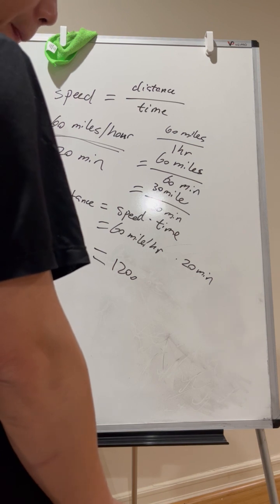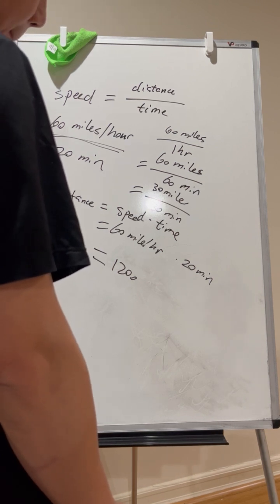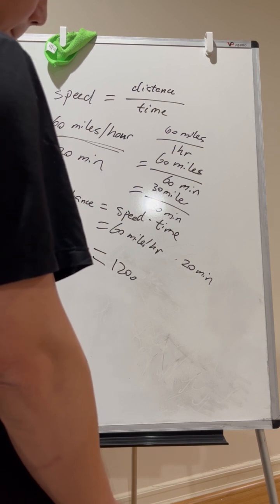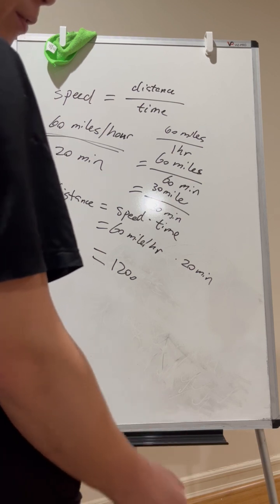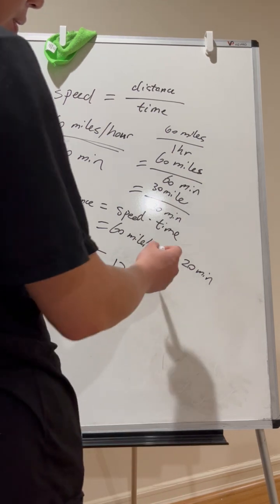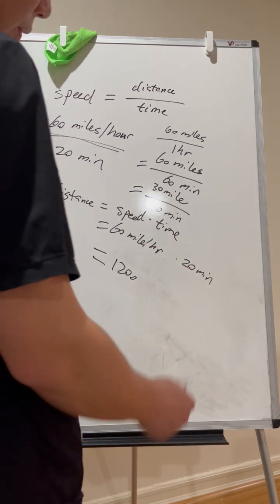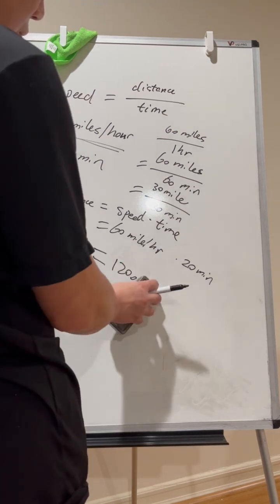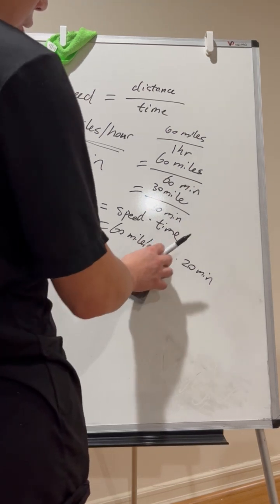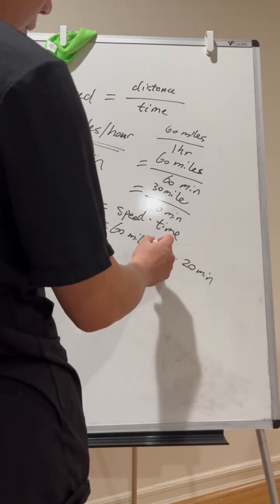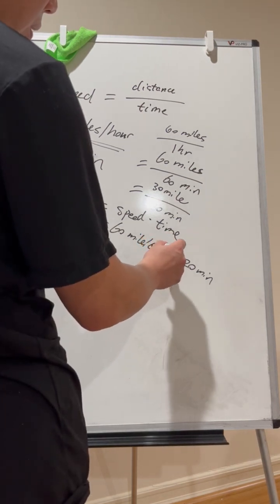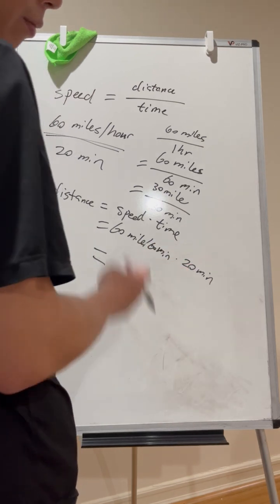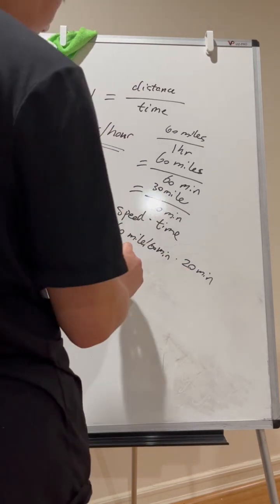You can't multiply, add, subtract, or divide numbers with different units. So you have to convert these to the same unit. So that's why this is wrong. So it's important you write the unit first, and when the units are correct, then you can remove them.